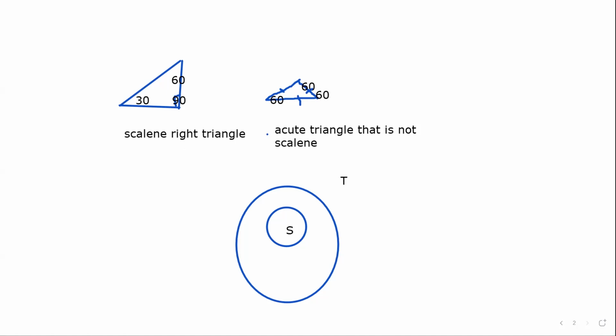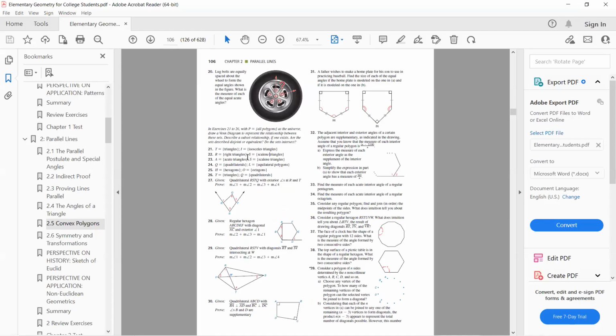So if I go back here and I ask, what's going on with this? An acute triangle could be scalene. So it's possible that an acute triangle could be scalene, but it doesn't have to be.